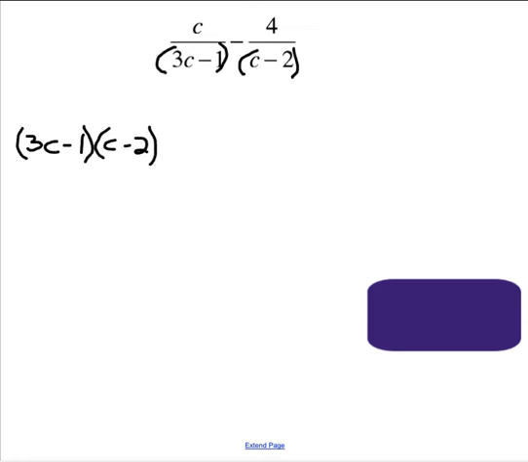Now, before I do anything else, I'm going to make this subtraction addition and carry the negative through the numerator. So it's just -4. That just makes it so much easier and leaves less room for error. On this side, I'm going to multiply both the numerator and the denominator by the part that's missing, the c minus 2.